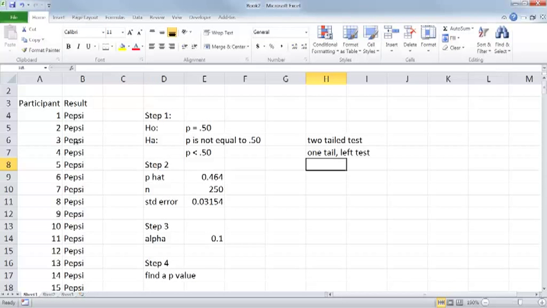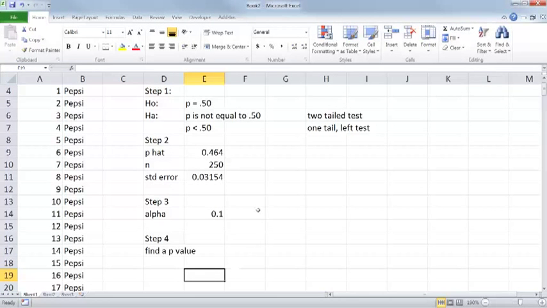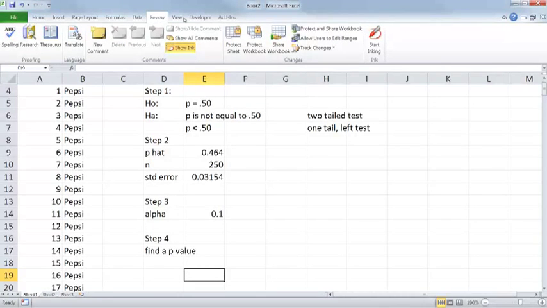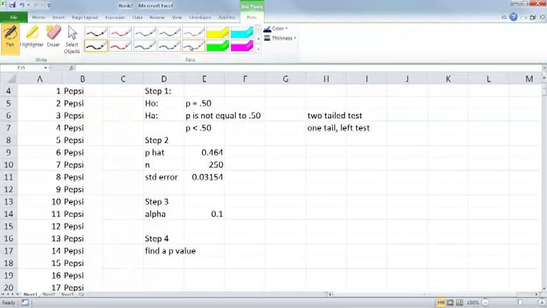Okay, so that's a little easier. In fact, that's what we already know how to do. Remember, we're going to use the norm dist function, right? So at the end of the day, let me draw a picture. We're going to draw a normal distribution that has a mean according to what our null hypothesis says, so a mean of 0.50.